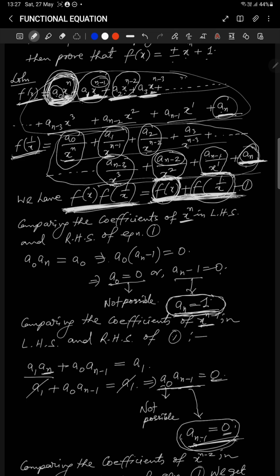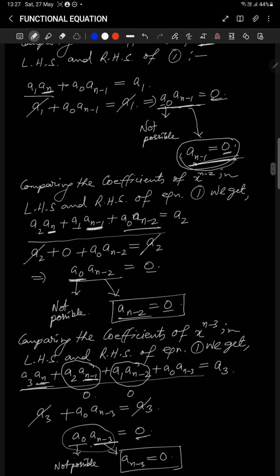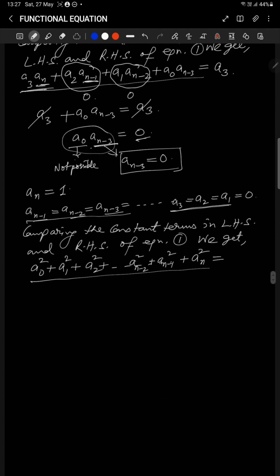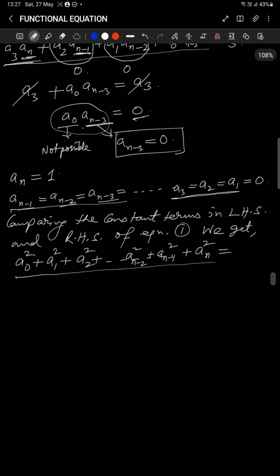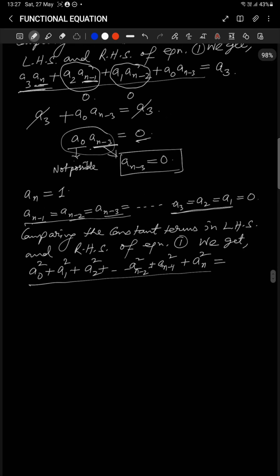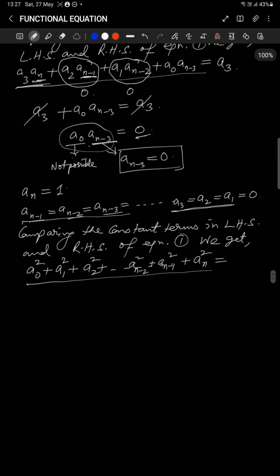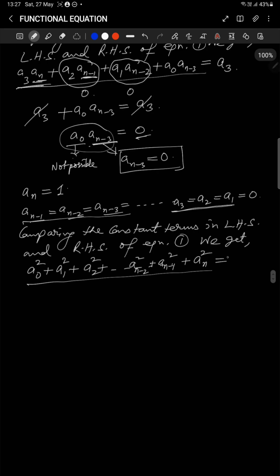So if these two terms are added, do you think we will be getting a n plus a n, that is 2a n we are getting? I hope you all have understood.